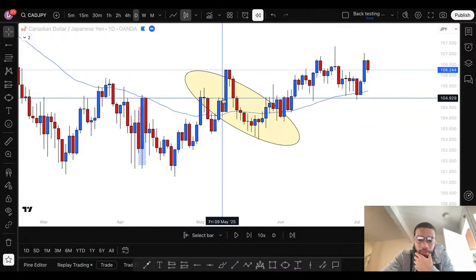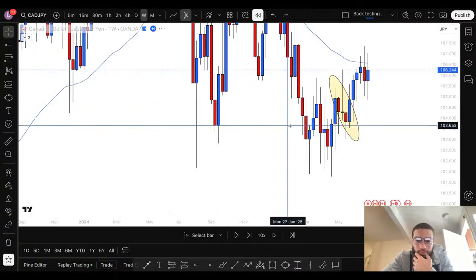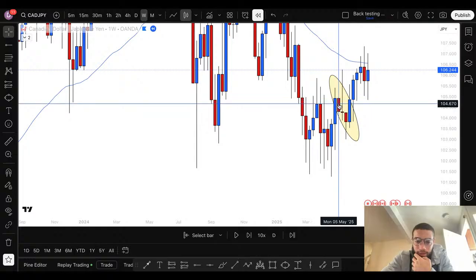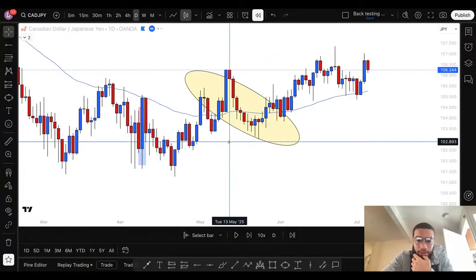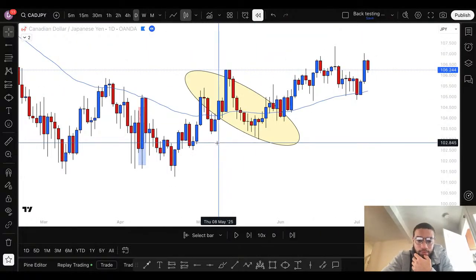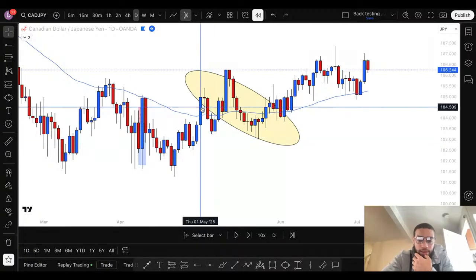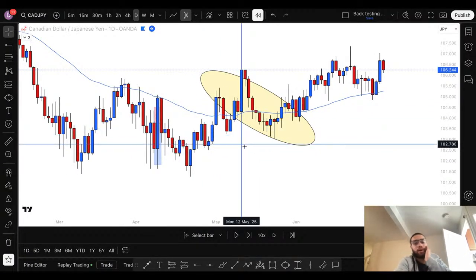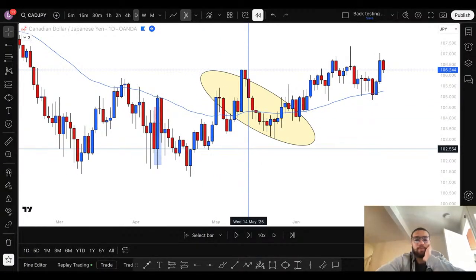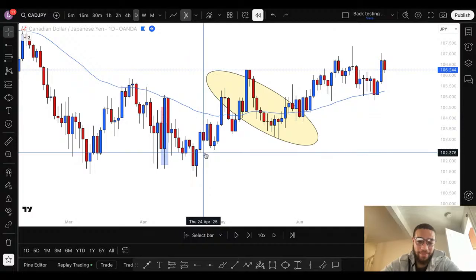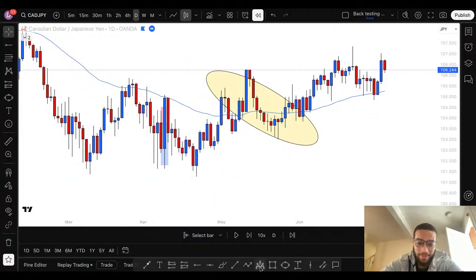This is the pullback. You see, this pullback, the 5th of May, the market started pulling back, right? If you see, you see.